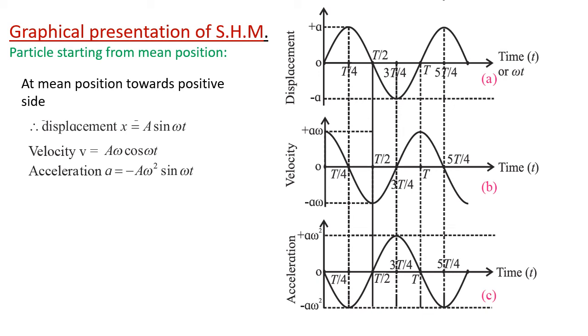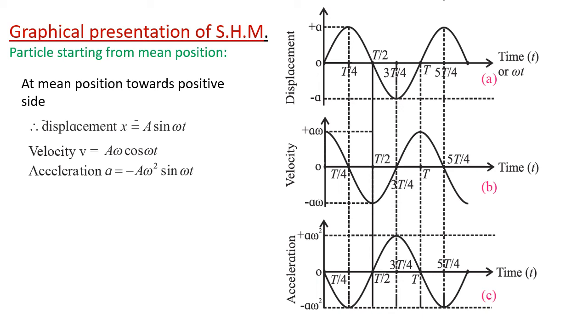One more thing you can check here is that the shapes of all the curves, be it displacement time curve, velocity time curve or acceleration time curve, get repeated after 2 pi radians or after time interval T, which is the time period of SHM.